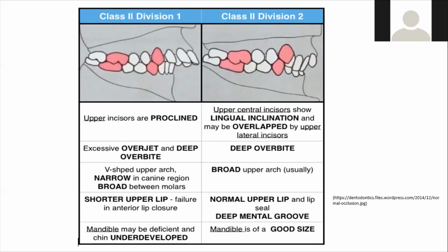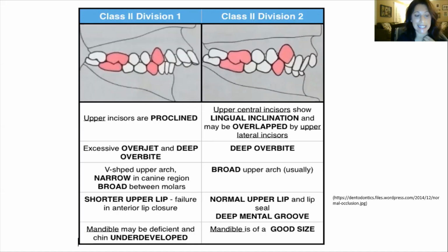For the wear facet, is it all in the posterior or can it also be in the front? So for me, I feel the wear facets are more on the posterior teeth. They look like potholes. That's the best way for me to describe them. They are round, perfect little potholes, if you will, where the upper and lower cusps are constantly in contact.